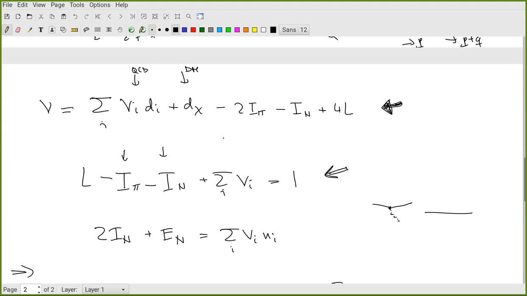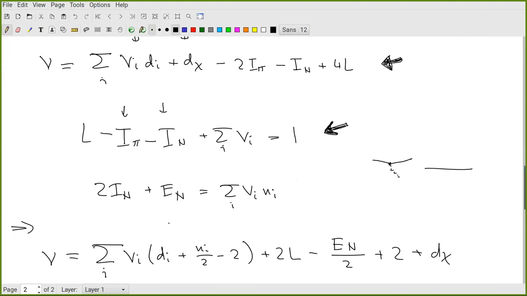But one can modify this formula a little bit by recognizing that these variables here are not all independent. So the number of vertices, the number of lines, and the number of faces satisfy a relation, which is this relation.